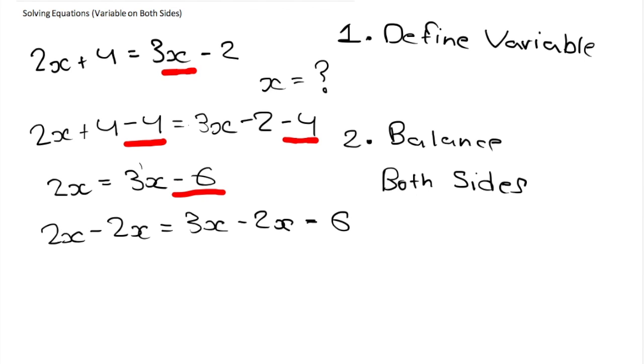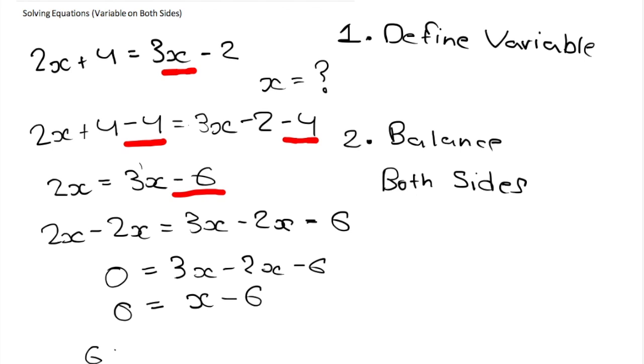So when we simplify this even further, we get 0, as 2x minus 2x is 0, is equal to 3x minus 2x minus 6. And when we simplify this even further, we get x minus 6. This means that we can add 6 to both sides of the equation.